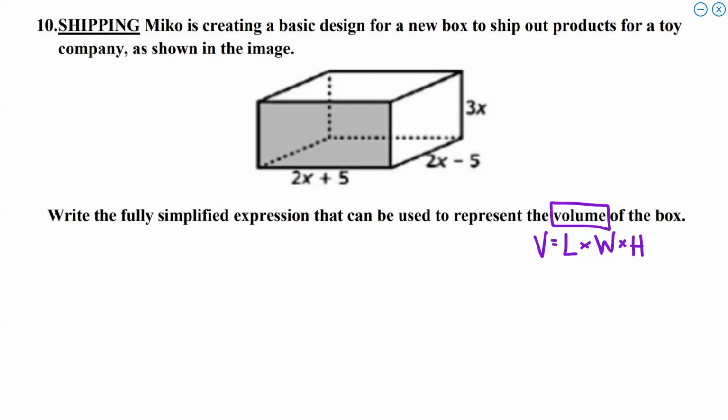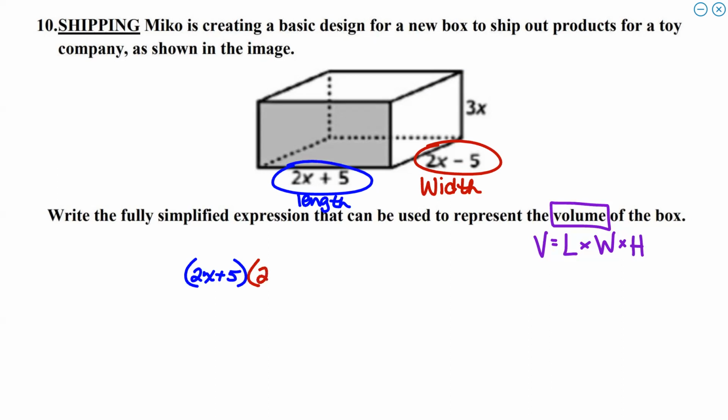What's my length? 2x plus 5. What's my width? 2x minus 5. And my height, 3x.